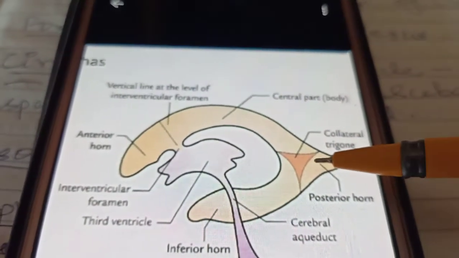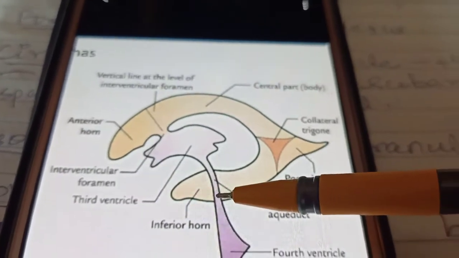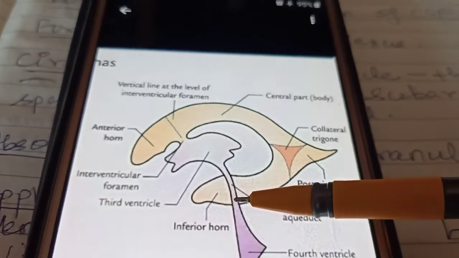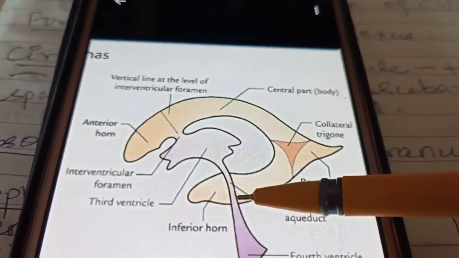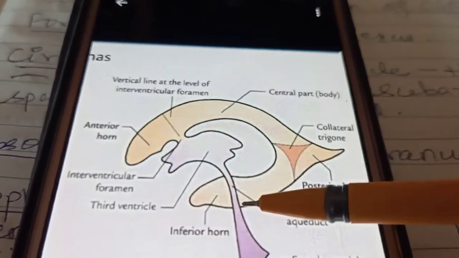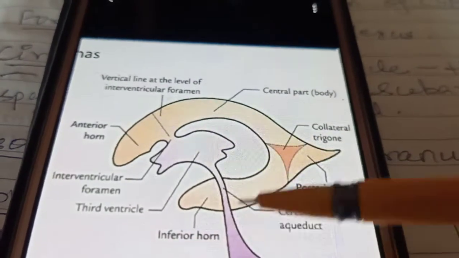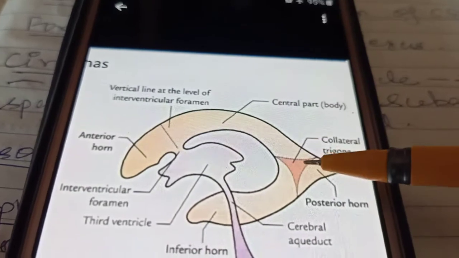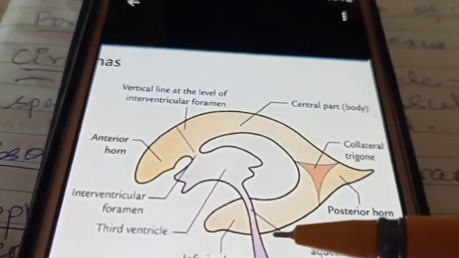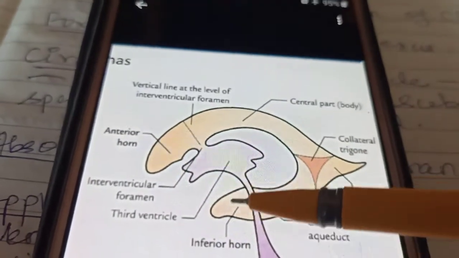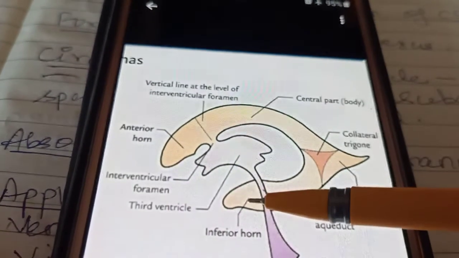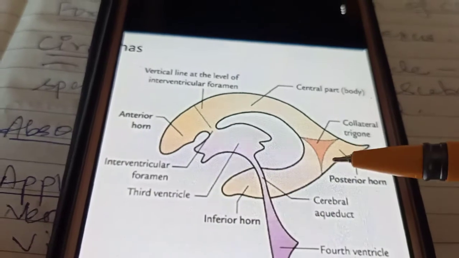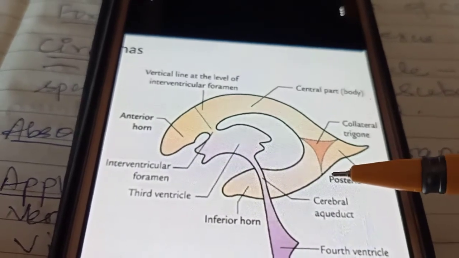From that point to 2.5 centimeter behind the temporal pole is your inferior horn.